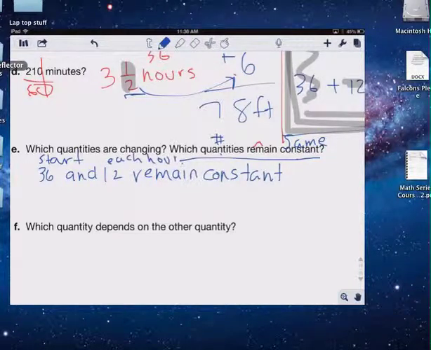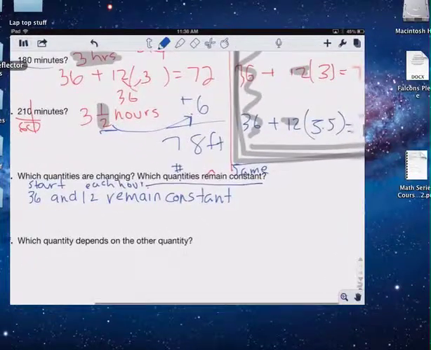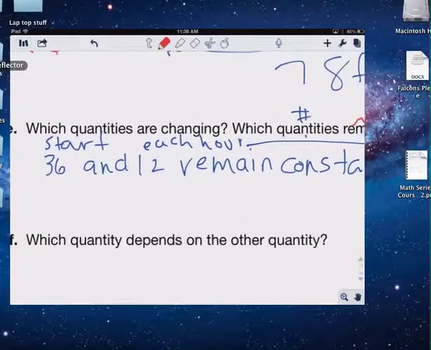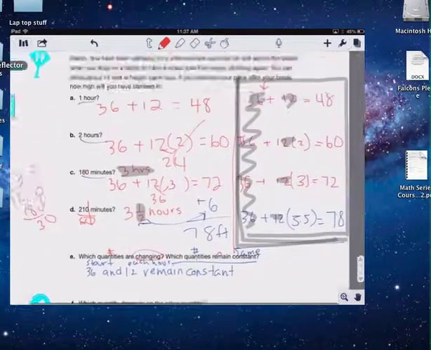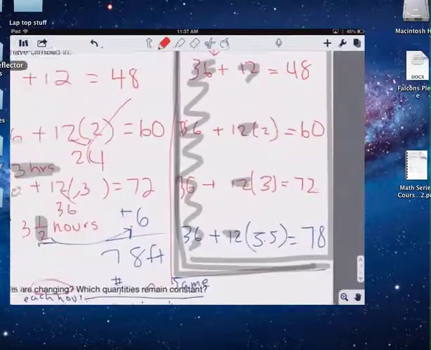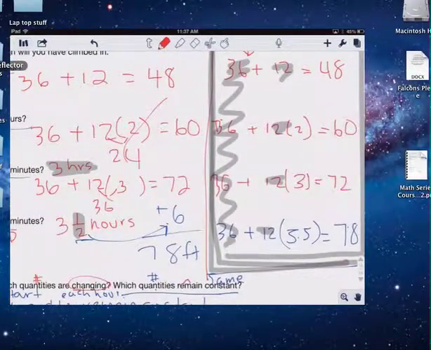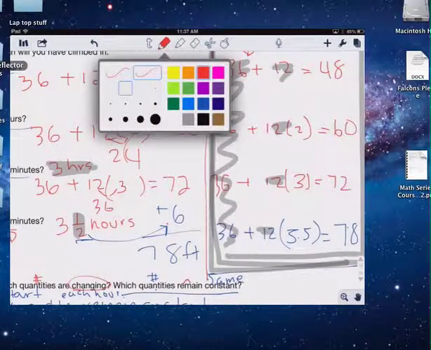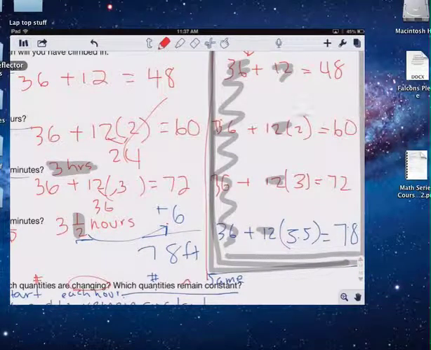Now, which quantity, quantity means number, which number keeps changing? The 2 and 3, where you multiply. The 48, the 60, the 70, the 80. Very good. You notice the 2, the 3, the 3.5.